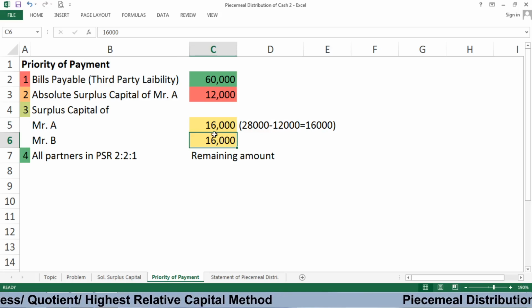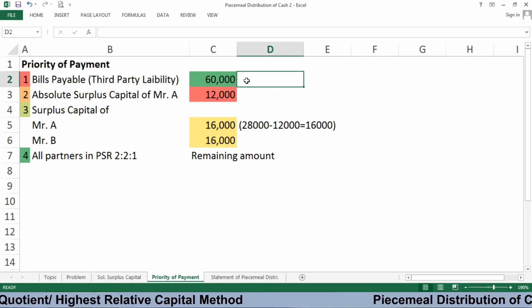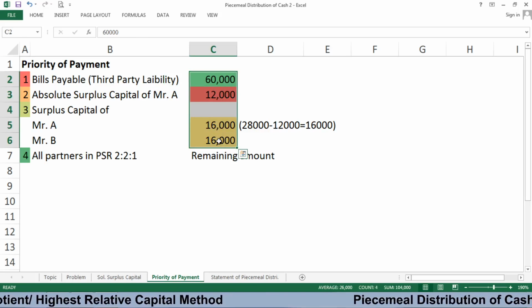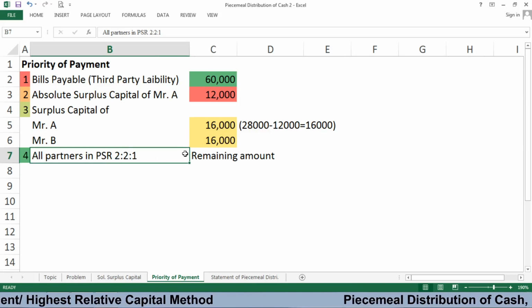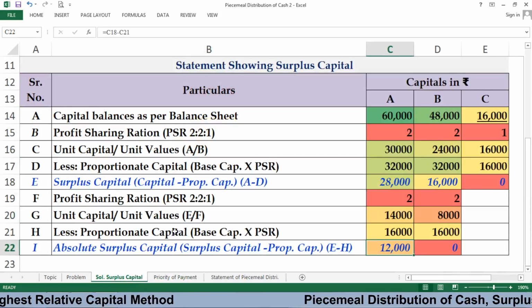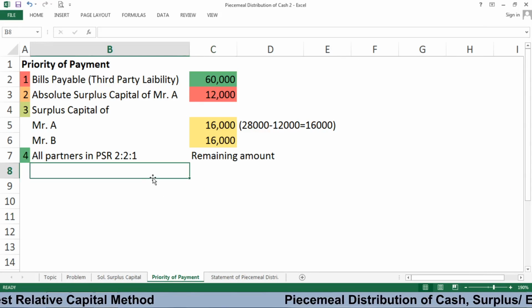After payment of this 16 plus 16, 32 plus 12 plus 60, when we have paid all this amount, if we have some money left, we will pay it to all the partners in their profit sharing ratio. So this is all about the surplus capital statement and the priority of payment.